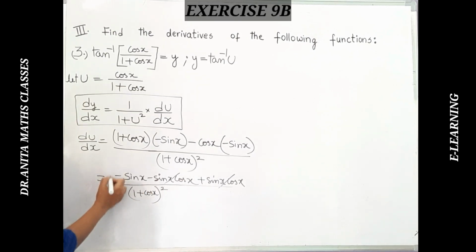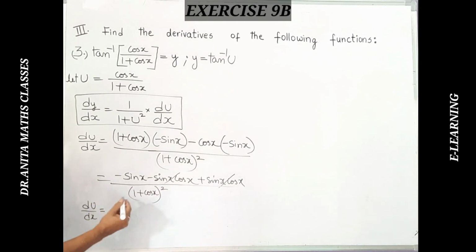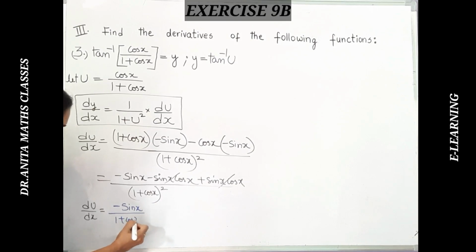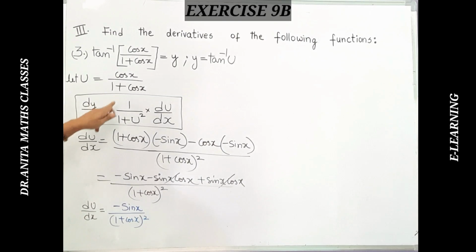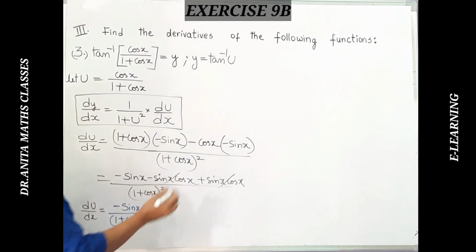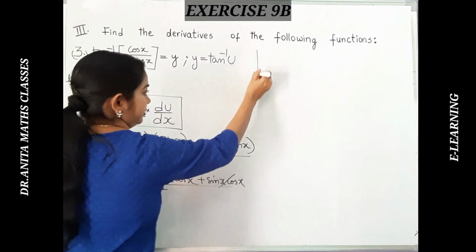Yes, so we got this. This is what du by dx is equal to, we got it as minus of sin x divided by 1 plus cos x whole square. This is only du by dx. We have to multiply it with this, isn't it? So let me find out.